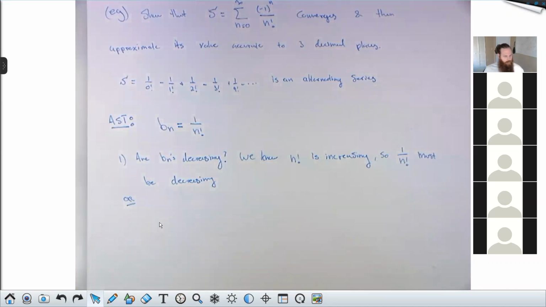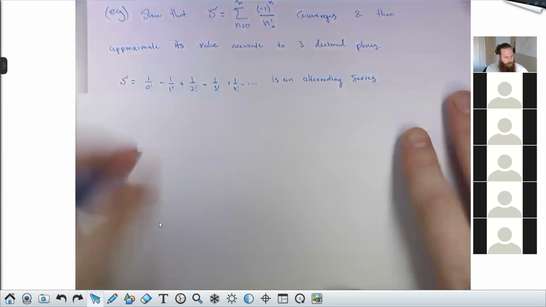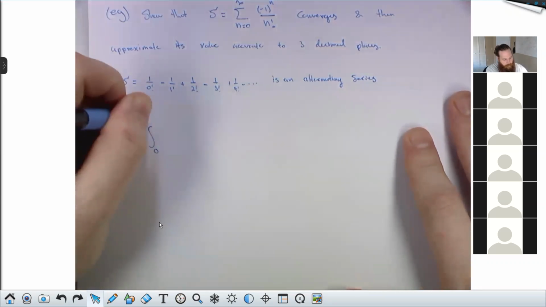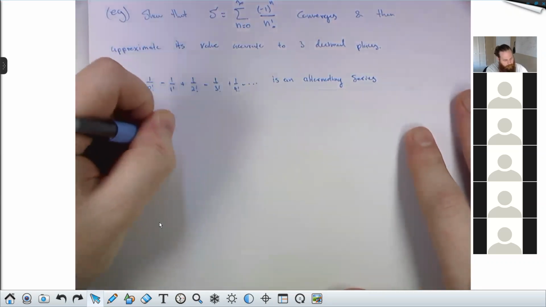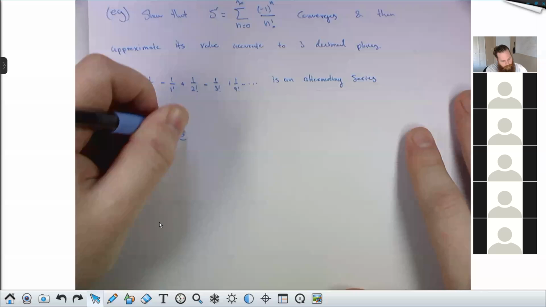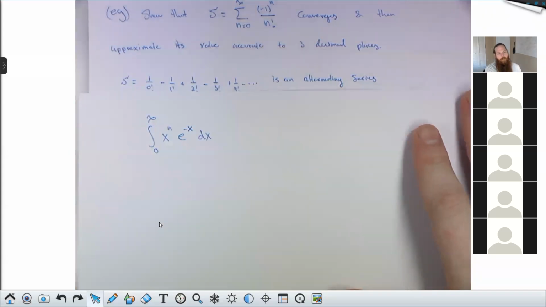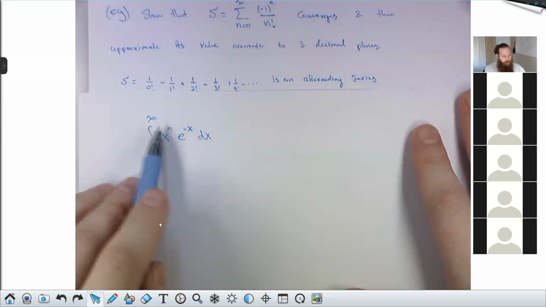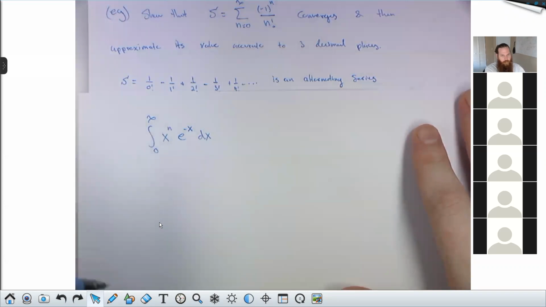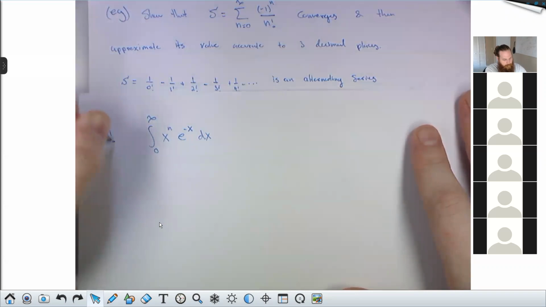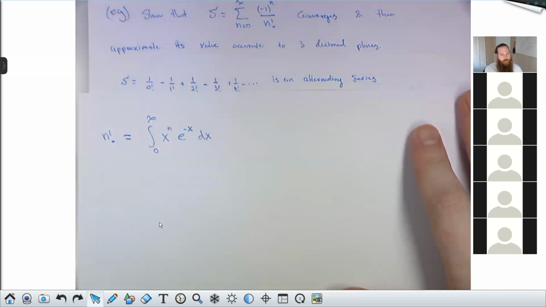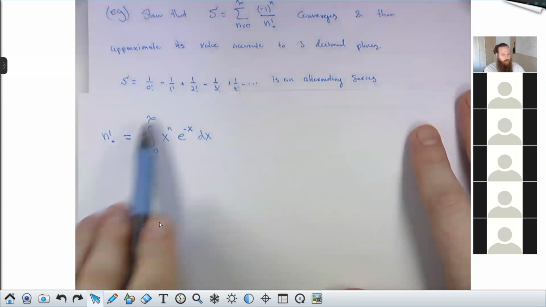I'm going to show you something cool really quick. On one of your old homework assignments, do you guys remember when I made you mess with this thing? One of your integration by parts problems had you show that for different values of n, this thing comes out to different things. This is called the gamma function, and it's another way of writing n factorial. If you want to take the derivative of n factorial, this is the way you do it.